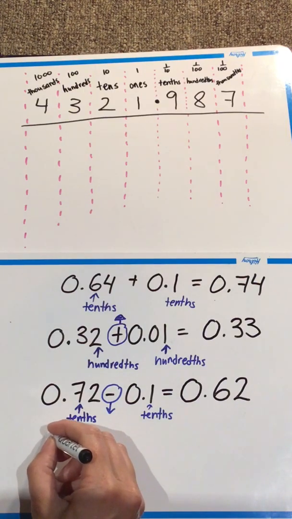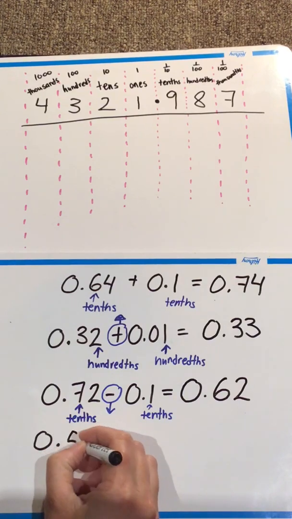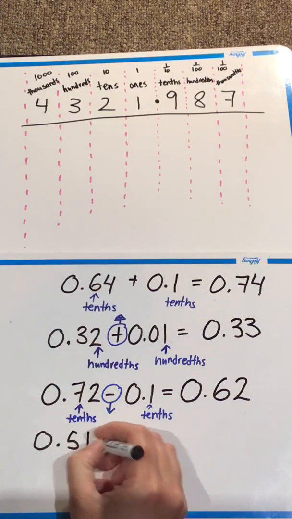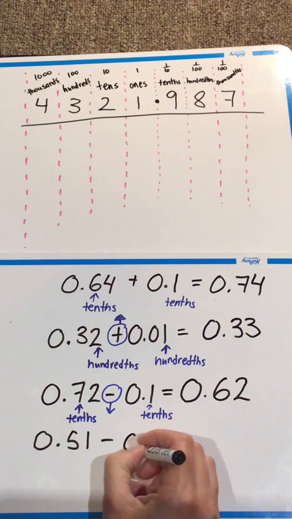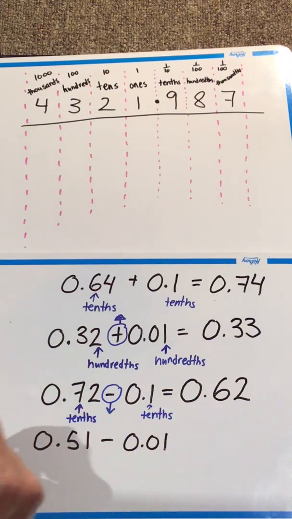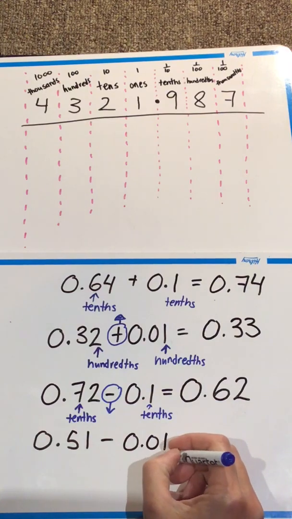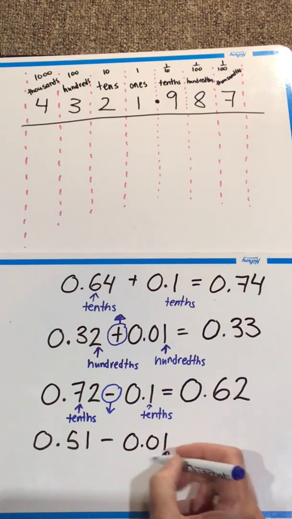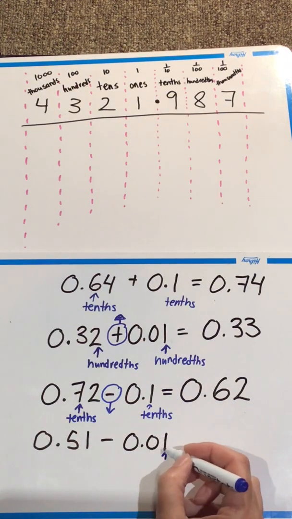A couple more. Okay. What if I have 0.51 and I'm going to subtract 0.01? You should be onto this by now. I check to see what column this is in: ones, tenths, hundredths.